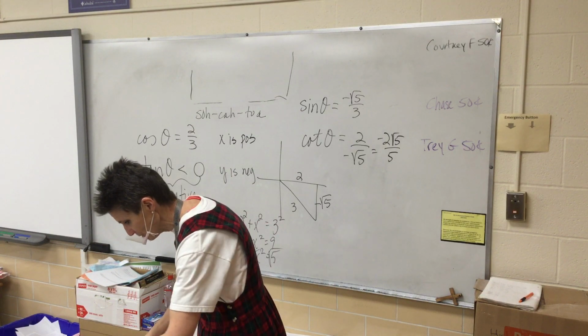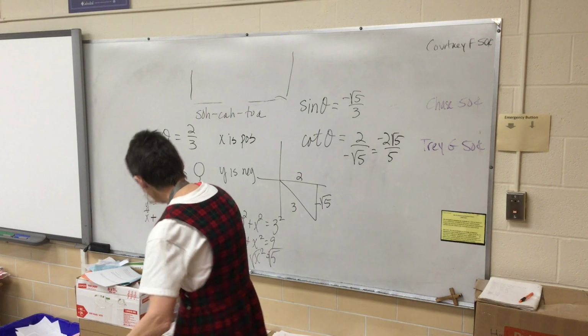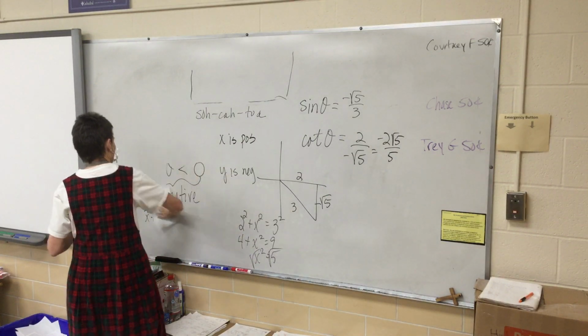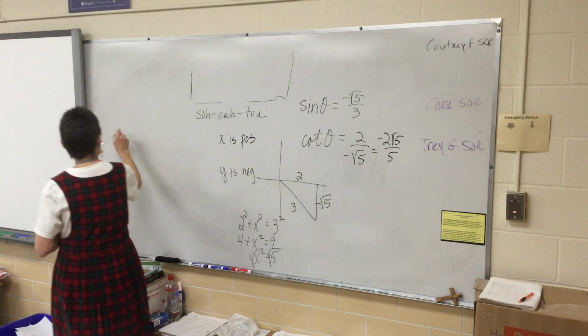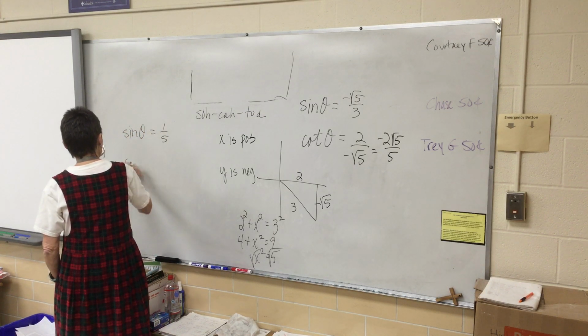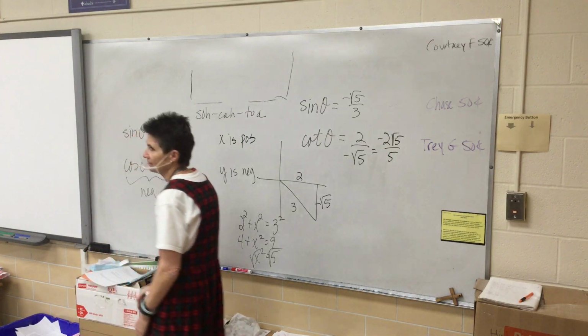Forget about the question for a minute. This one says the sine is 1/5 and the cosine is negative. So forget about what I'm looking for. It says the sine is 1/5 and the cosine is less than 0, which means negative.